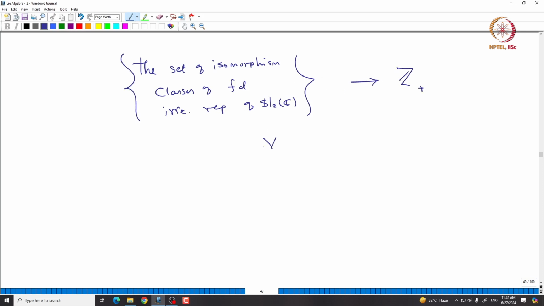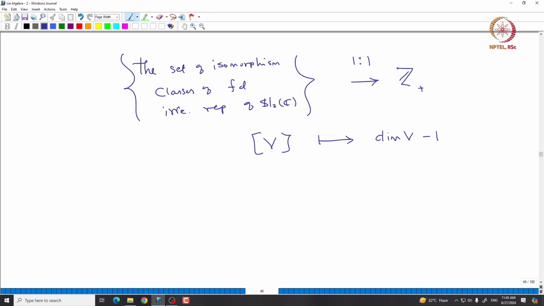When we start with v, a finite dimensional irreducible representation, we send it to dimension v minus 1. Obviously it is a well defined map, and this gives a one to one correspondence.